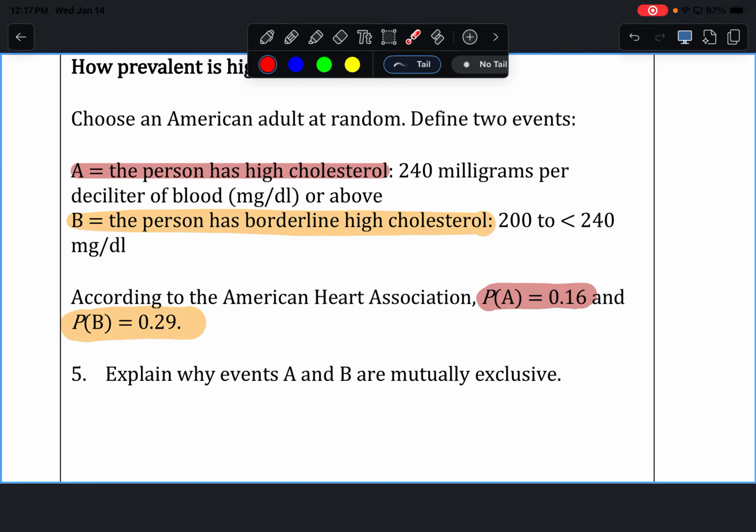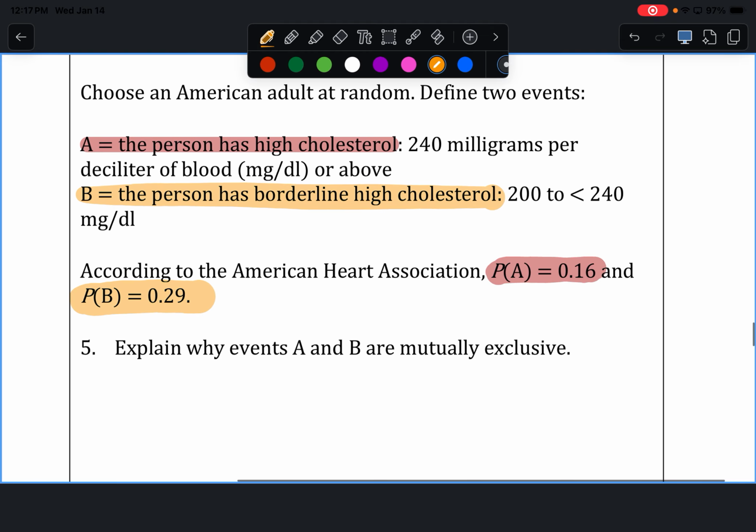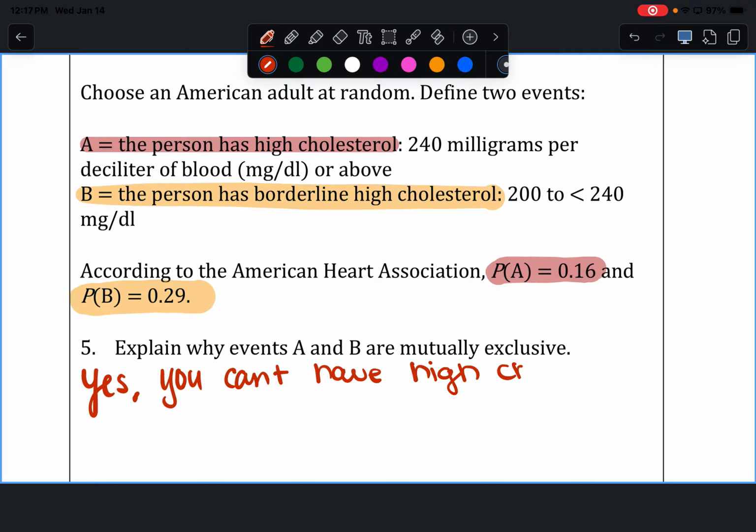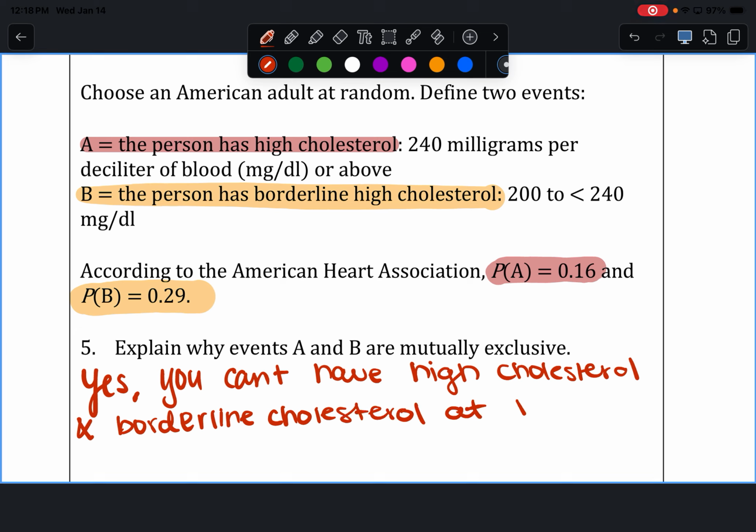You can't have high cholesterol and borderline high cholesterol at the same time. So, yes. Yes.